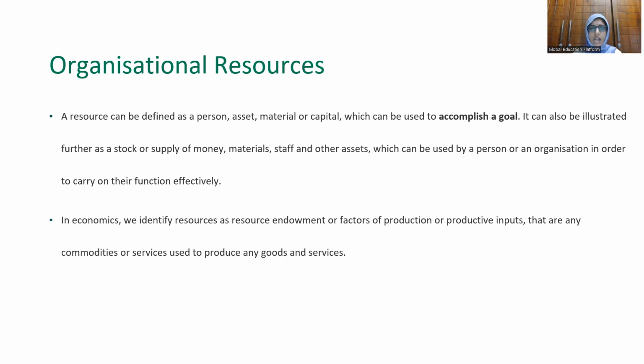So resources are generally defined as a service or any other asset used to produce goods and services that meet human or organizational needs. This is called the factors of production.